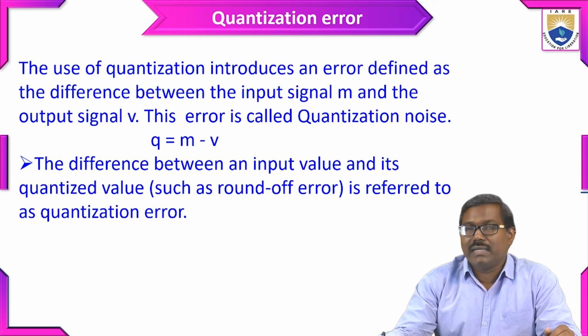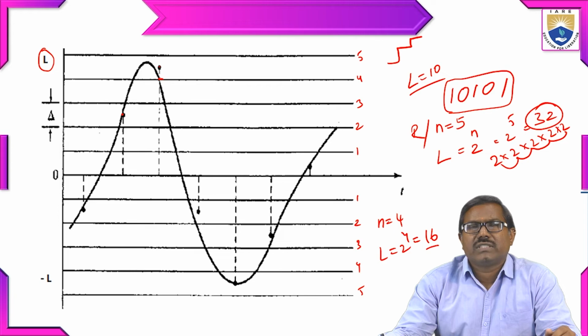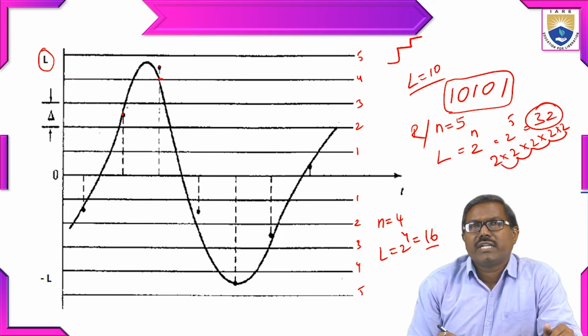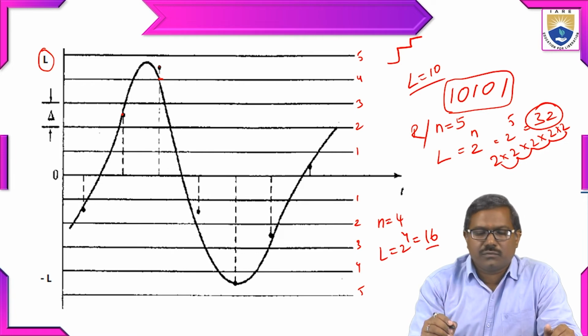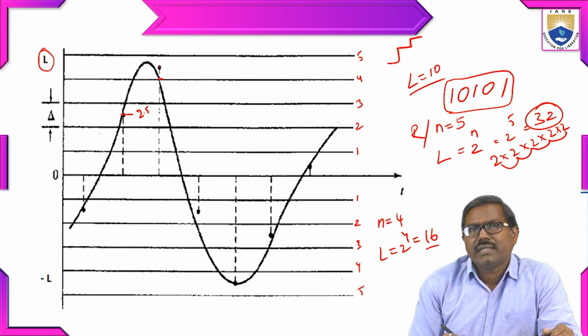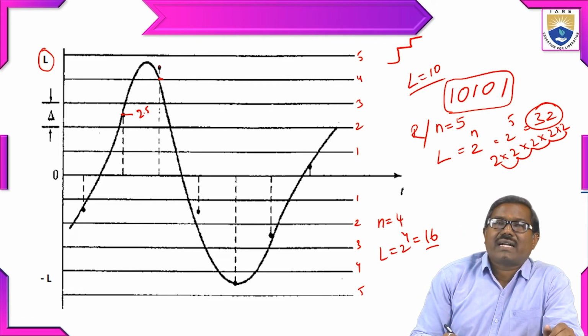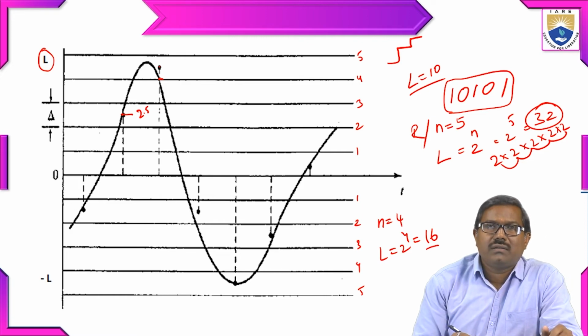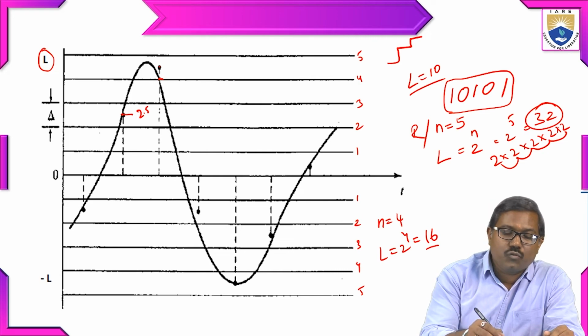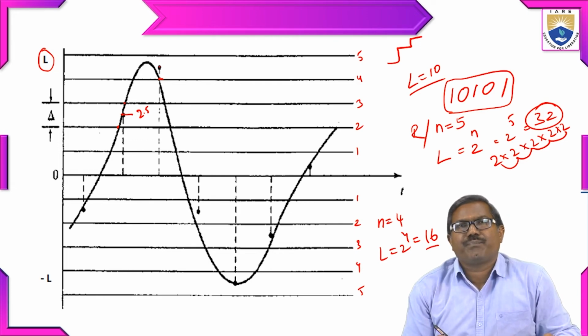Here earlier we took this one. Here I am going to round off to the nearest value, but actually it is in between these two reference levels. So it may be 2.5. The amplitude of this exact value is 2.5 volts. But what I am doing is converting or transforming into the digital one by approximating to the nearest value, or rounding off to the nearest predetermined reference levels. So here I am going to round off to the 2 voltage level or 3 voltage level.